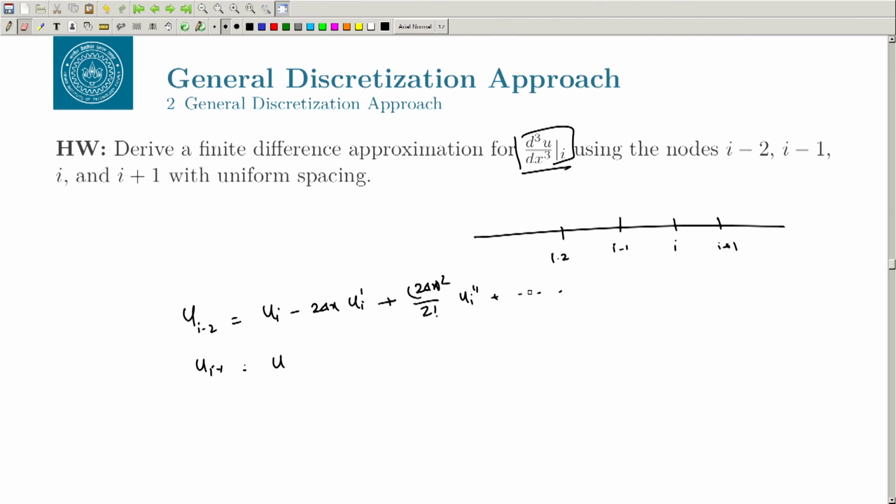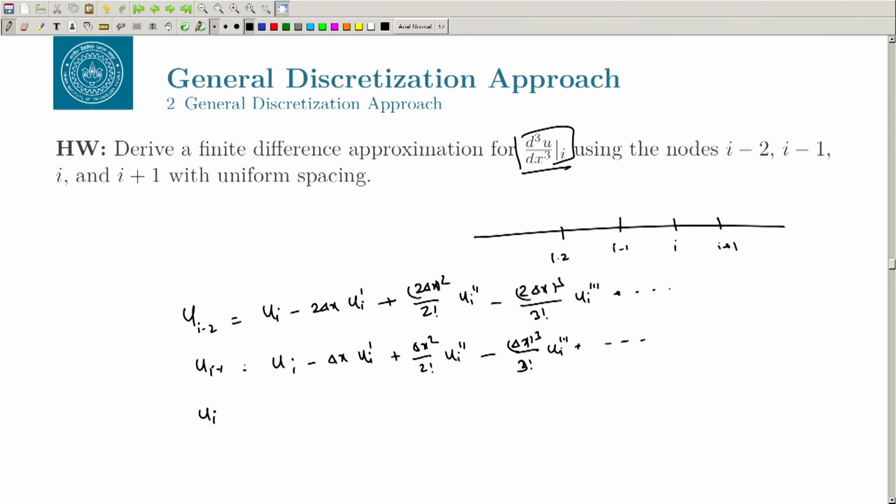So, let me write one more term. That will become 2 delta x cube, this will be negative, minus by factorial 3 u I triple prime, and so on and so forth, minus delta x u I prime plus delta x square by factorial 2 u I double prime minus delta x cube by factorial 3 u I triple prime, and so on and so forth.